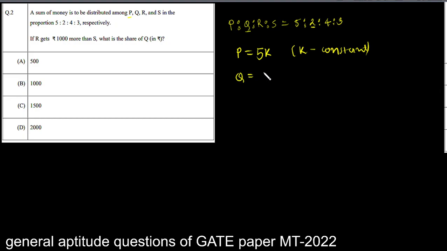The amount of money that Q will get is 2 times this constant K, because the corresponding ratio for Q is 2. So Q gets 2K, and again this K is the same constant as for person P.